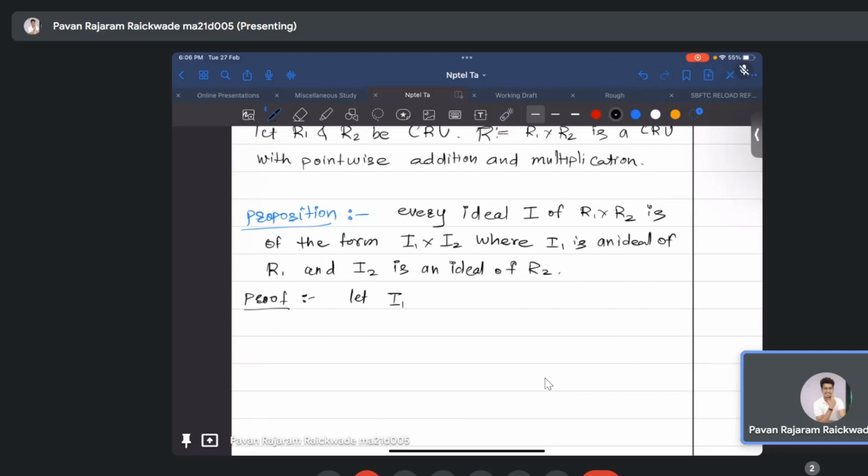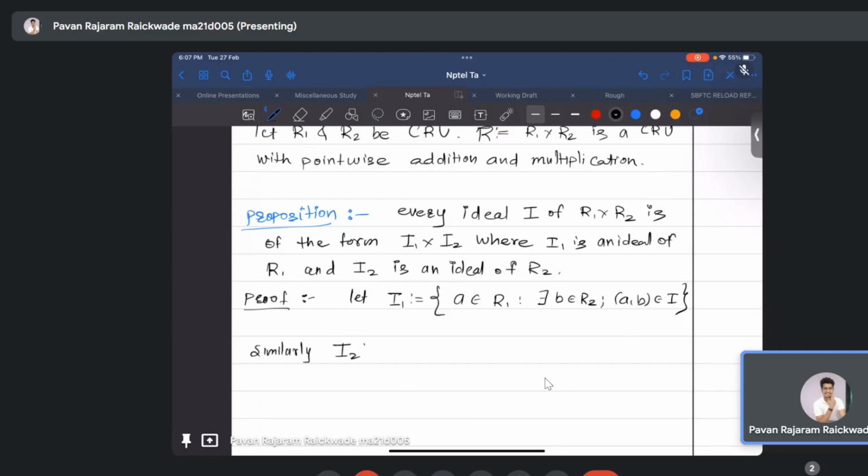Define I1 as the collection of all elements A belonging to R1 such that there exists an element B belonging to R2 for which the pair (A, B) is an element of I. So basically you have I is a subset of R1 cross R2, so it will have pairs (A, B) where A belongs to R1, B belongs to R2. I'm collecting the first components, all the first components of elements in I. Basically that's my I1.